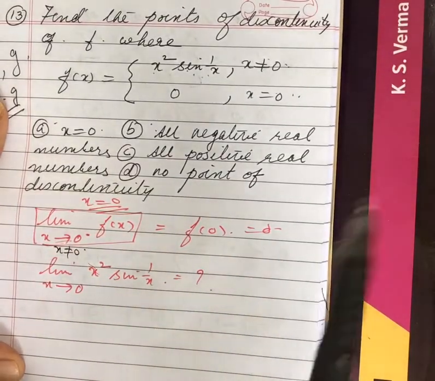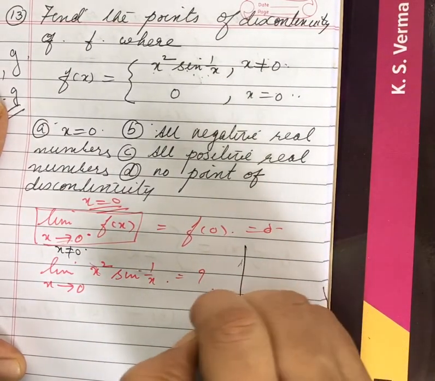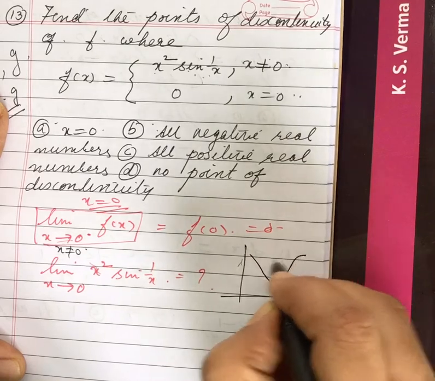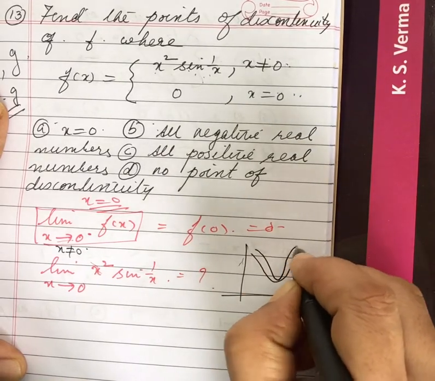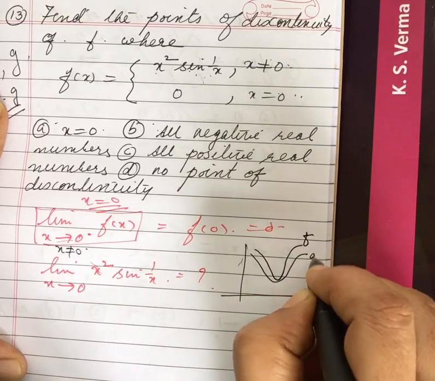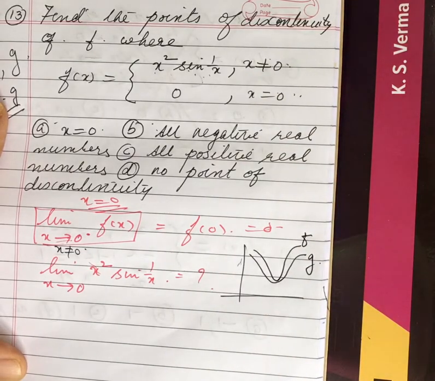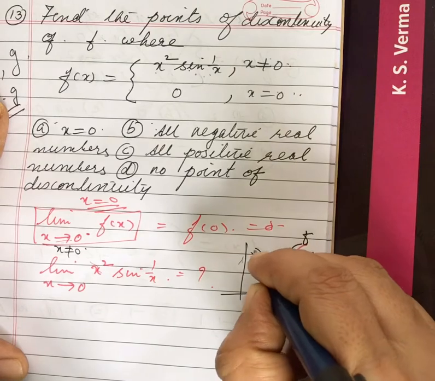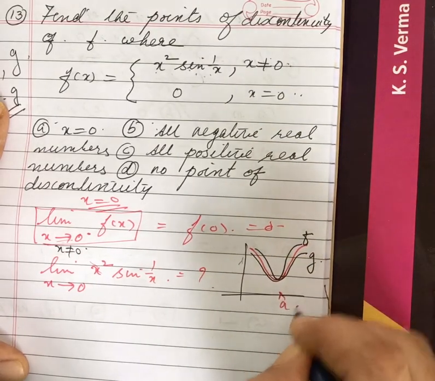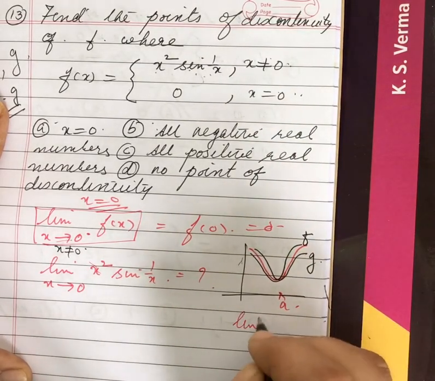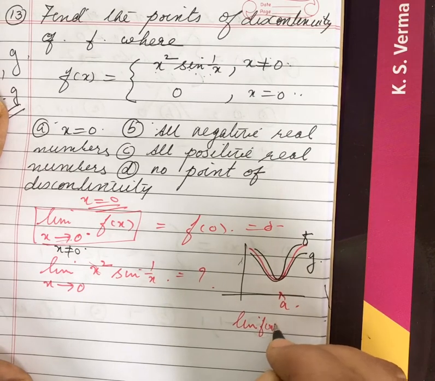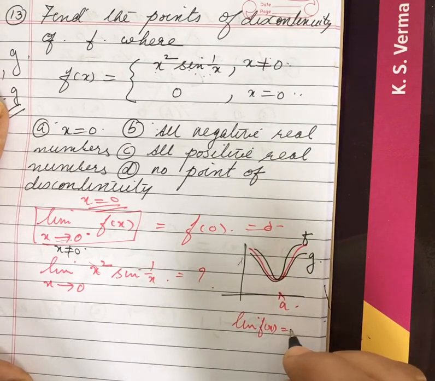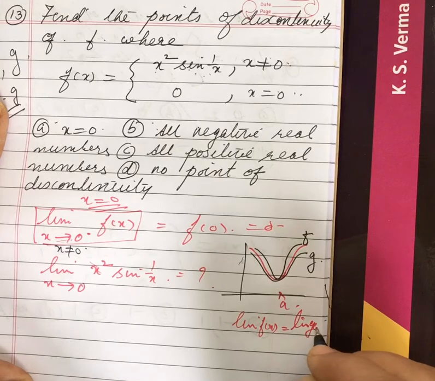What the Sandwich Theorem says is, suppose f and g are two functions, and h is a function like a sandwich. At this point A, suppose limit of f of x is equal to limit of g of x, equal to some k.